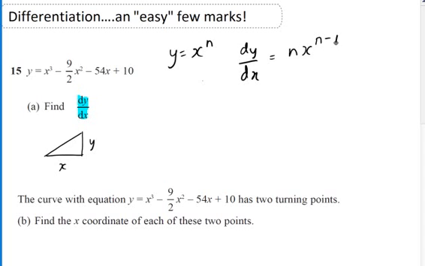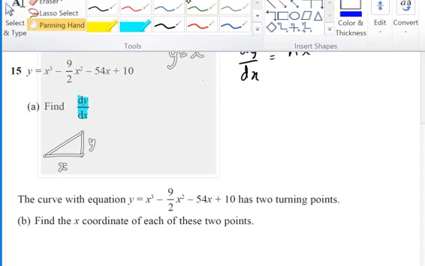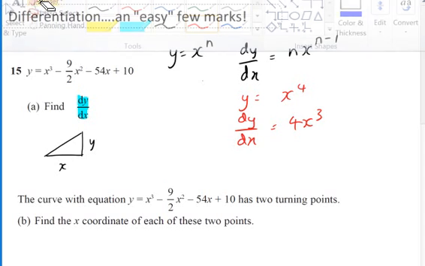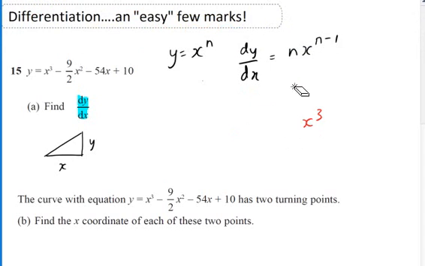Let's do a quick example for you before we tackle the ones we've got to do. So in this case, let's say y was equal to x to the power of 4. So dy by dx would be equal to 4x to the power of 3. That's not too hard to learn for easy marks. Let's try a slightly more awkward one.